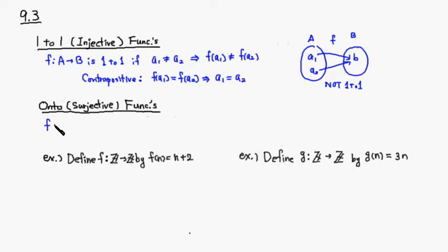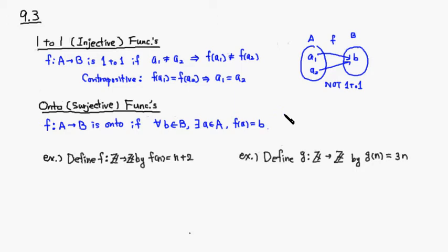We say function f from A to B is onto, right, if for all elements B in the codomain B, there exists a corresponding element A in A such that f of A is exactly equal to B, right?